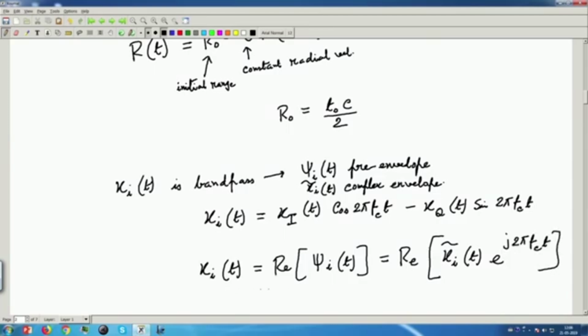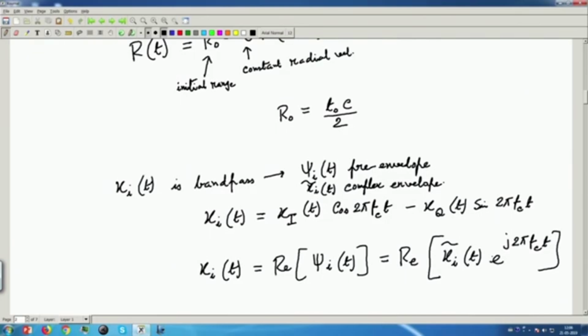Actually, the beauty of complex envelope is that this is the complex envelope, and x(t) any time you can get, but you can see that complex envelope is free of the carrier, because the carrier is not carrying the information.